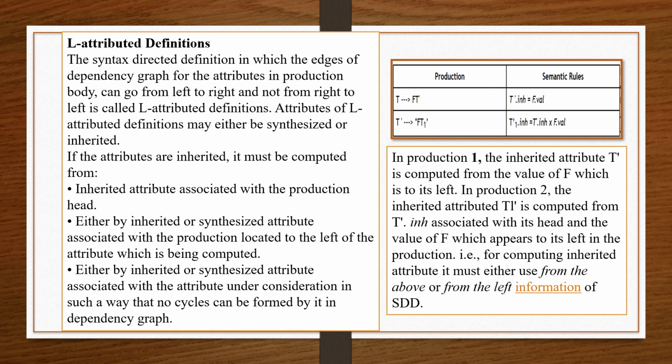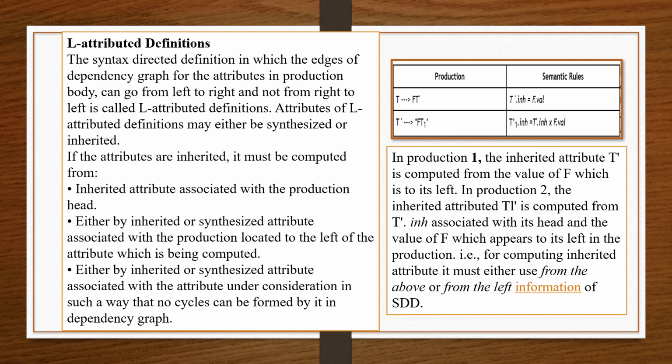Okay, so while computing, the cycle should not be there. The dependency graph should not contain a cycle. If it contains a cycle, so what happens? It enters into an infinite loop, right? While computing, we should be aware that there should not be a cycle.